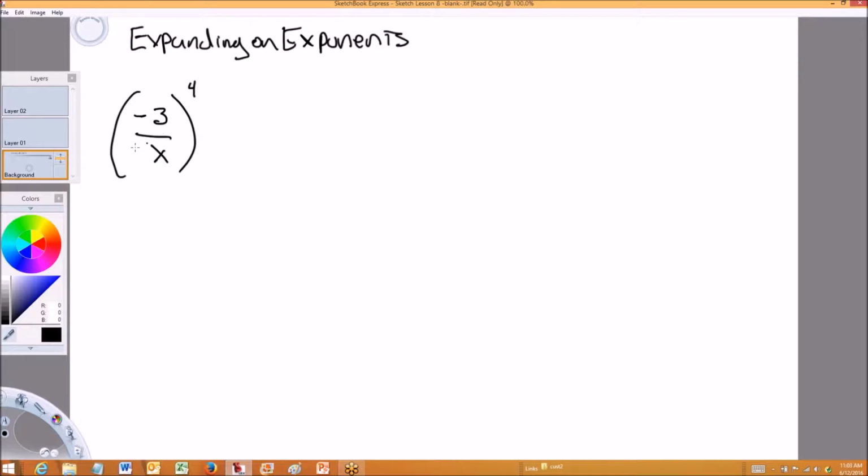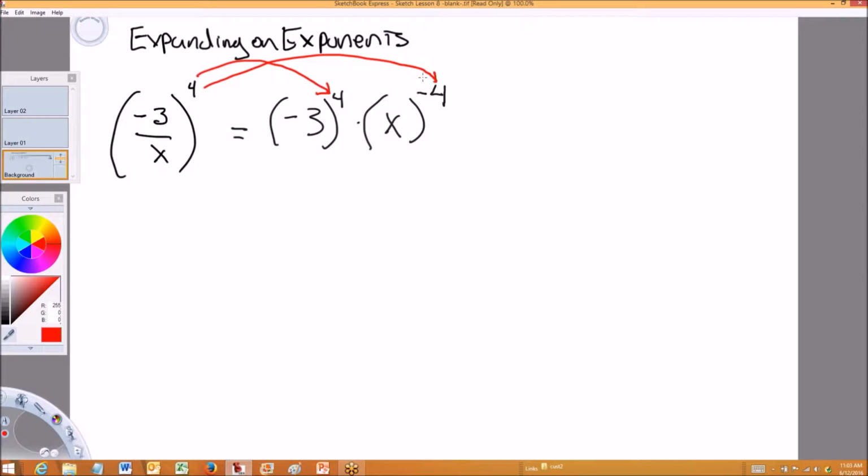Okay, next I'm going to do example problem 6 out of the text, part A. And again, what we do is we apply this exponent to each the numerator and the denominator. We're going to bring the x up out of the denominator. And note that that's a negative 4, because that applies to the numerator, but because x came up from the denominator, it's a negative 4.